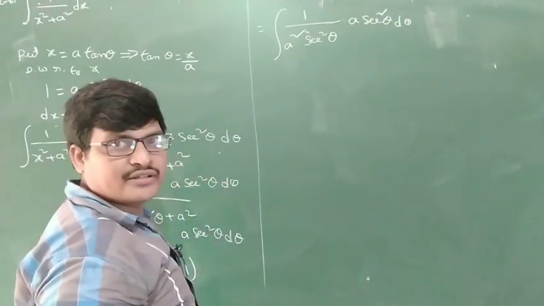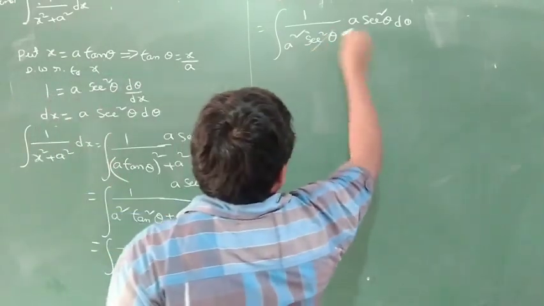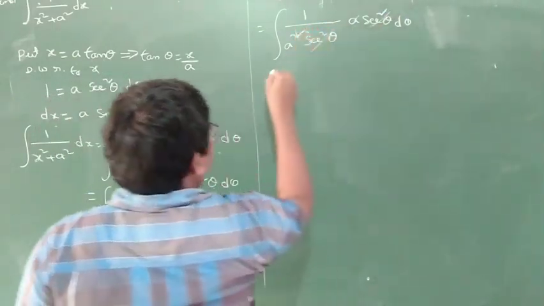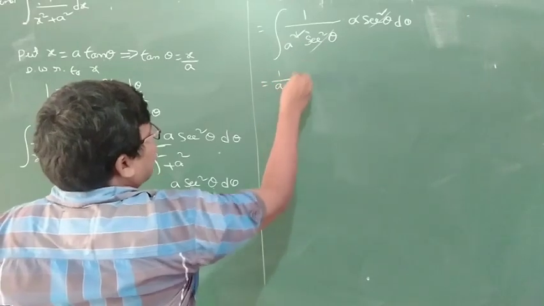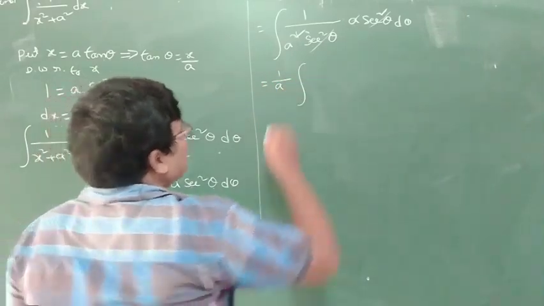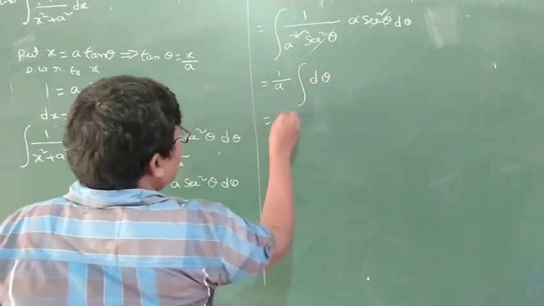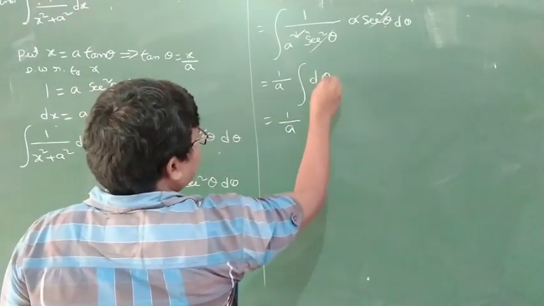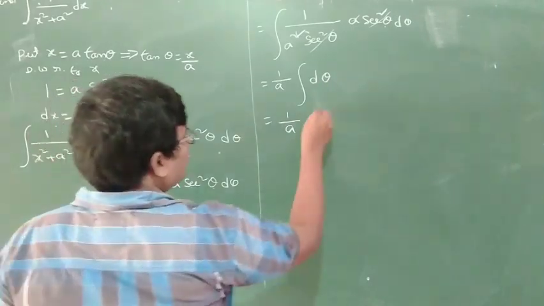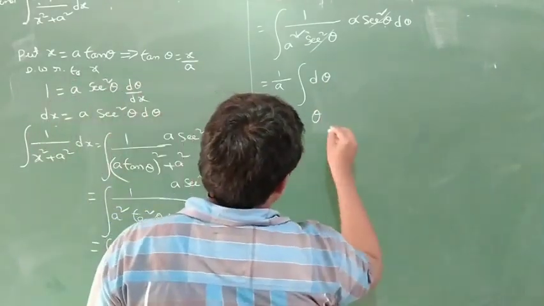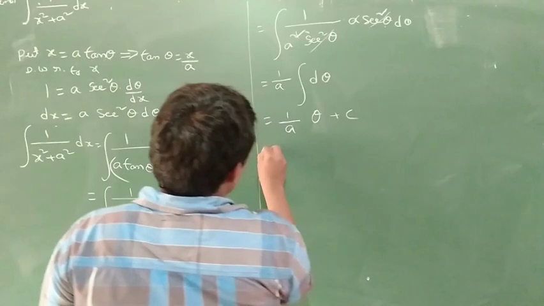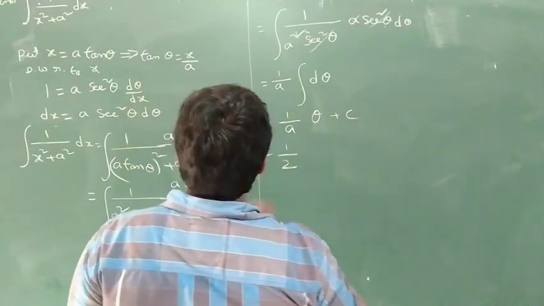Secant square theta cancels, one a cancels, 1 by a is the constant, secant square cancels, d theta. So 1 by a into integral d theta is equal to theta.